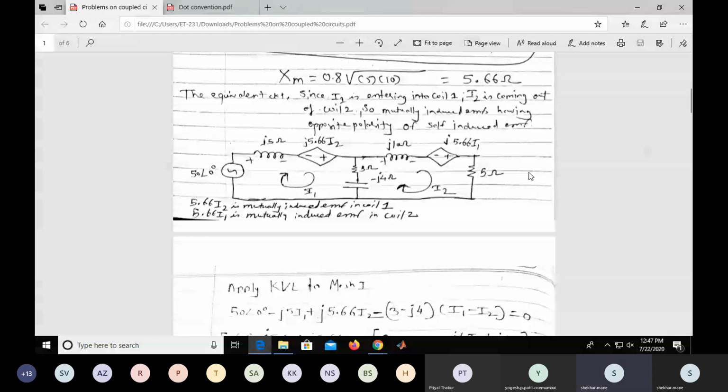So the mutually induced EMF is the reactance Xm into I2. This is the mutually induced EMF in coil 1.